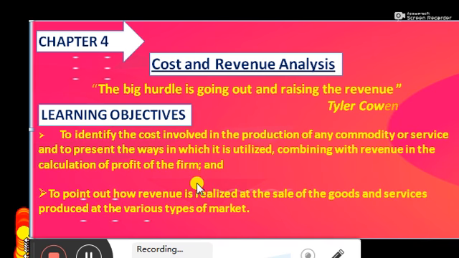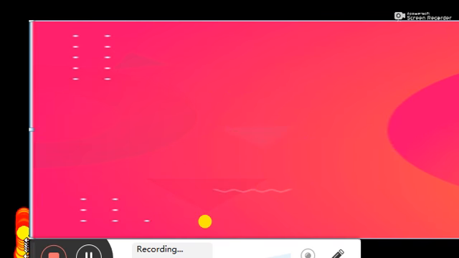Second one is to point out how revenue is realized at the sale of the goods and the services produced at the various types of markets. So these are the learning objectives of the lesson. Okay, now I enter into the main topic. It is introduction.